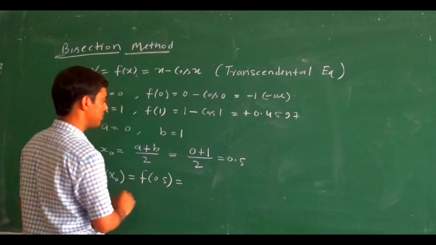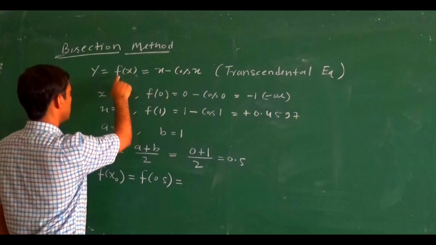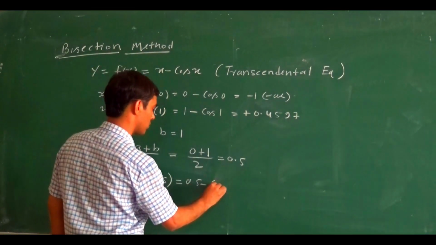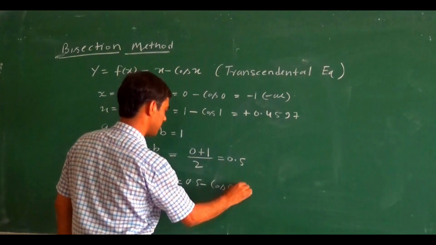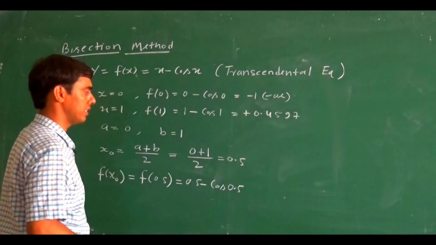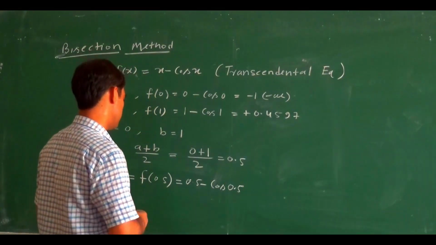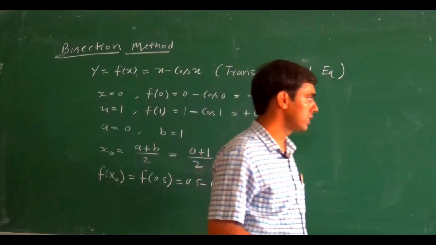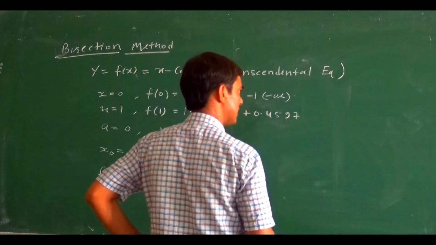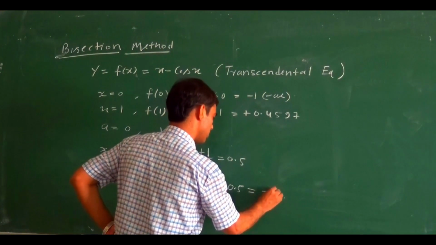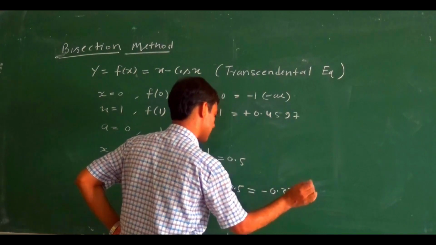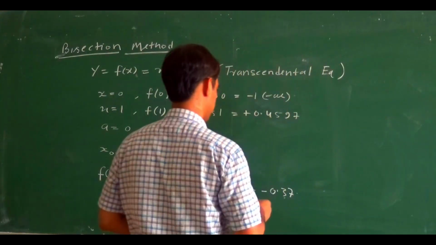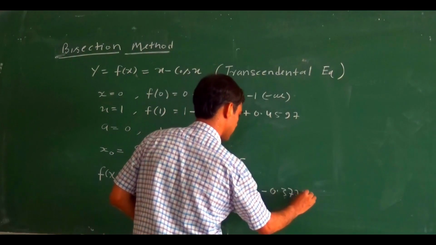Here we put 0.5 minus cos of 0.5. We have already calculated this value: it is minus 0.37758.